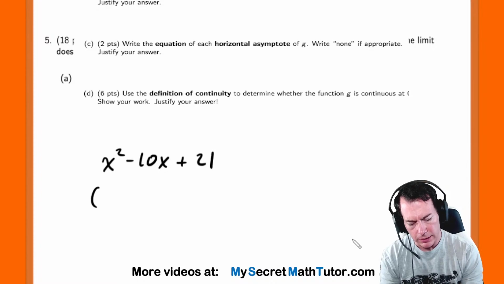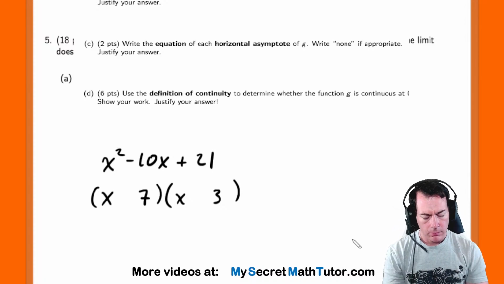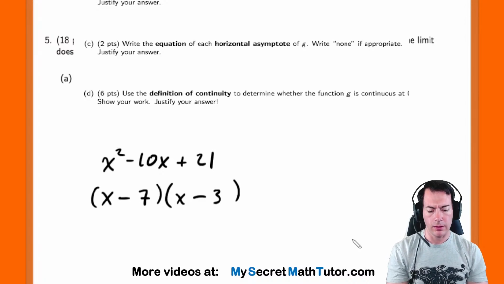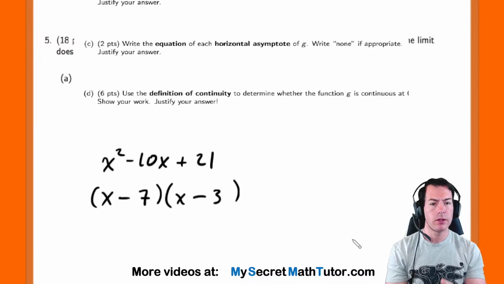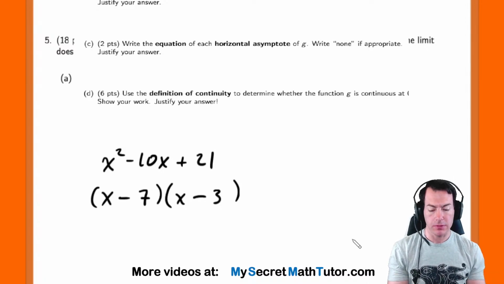I think that's 3 and 7. We want both of them to be negative, because that's how we would get the 21. Negative 3 times negative 7 would give us the positive 21. Negative 7 plus a negative 3 would give us the negative 10. So yeah, that's our middle term. Okay. All right, so that's what's happening with the top. It actually does factor. That's cool.